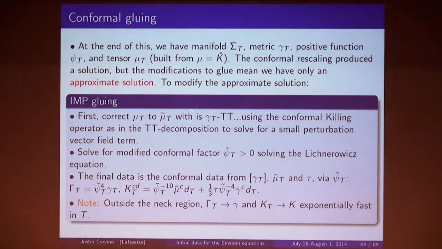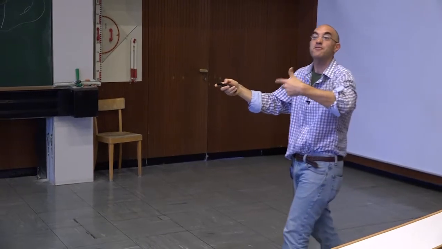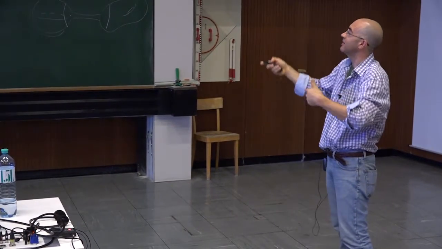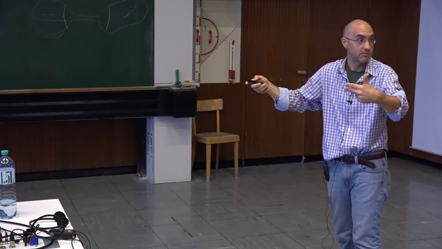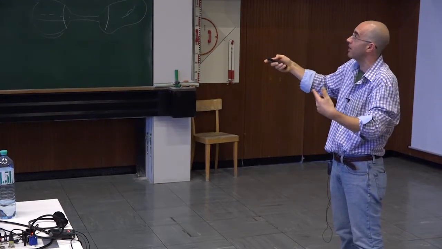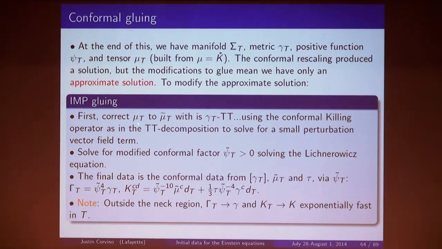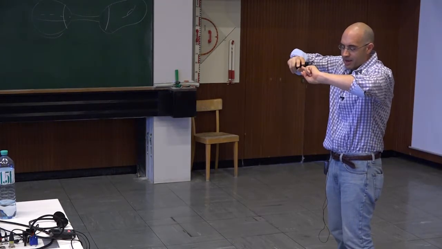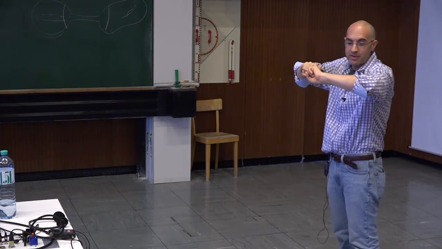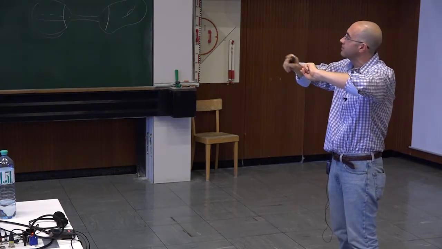Keep flipping slides. What you do is use that divergence of LW equation to fix it. So you correct the fact that it's not TT by perturbing the tensor by an LW, solving that like we did before. That's why I introduced that earlier. And then you solve the Lichnerowicz equation for a conformal factor. Once you've done that, you've got a TT tensor, which is the original tensors soldered together and then corrected using a vector field.